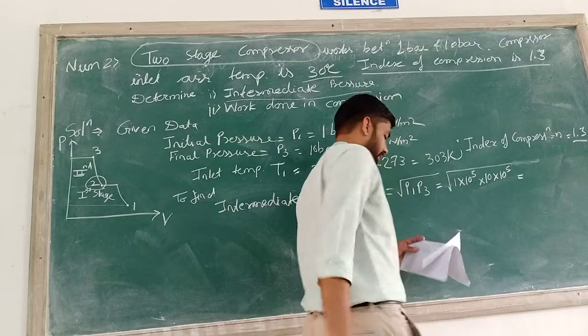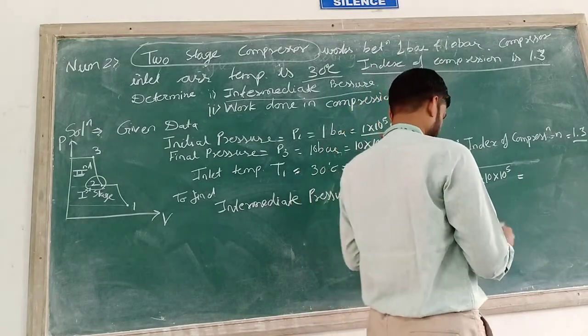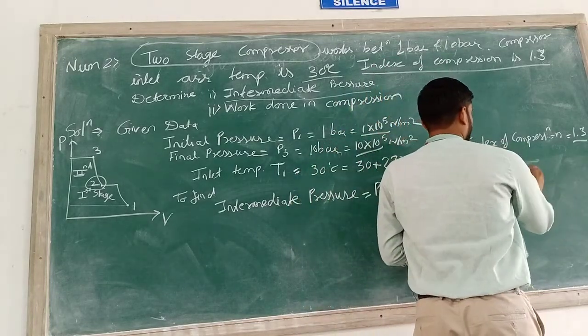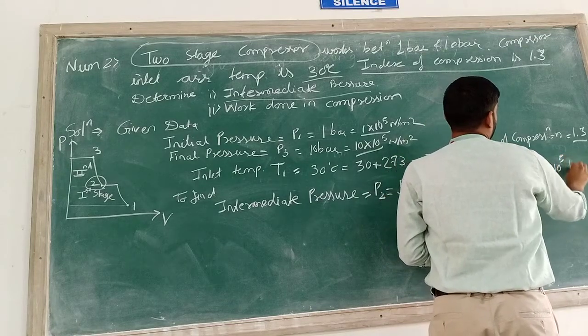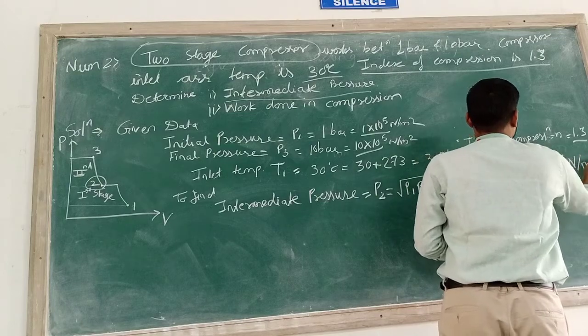So the final value we get is 3.16 into 10 to the power 5 newton per meter square.